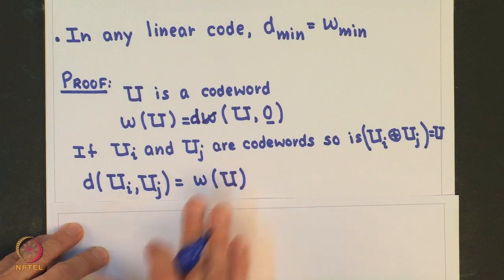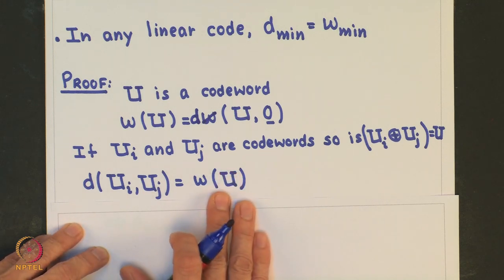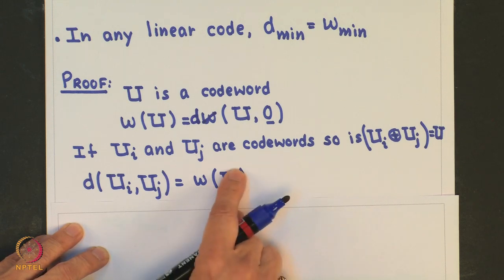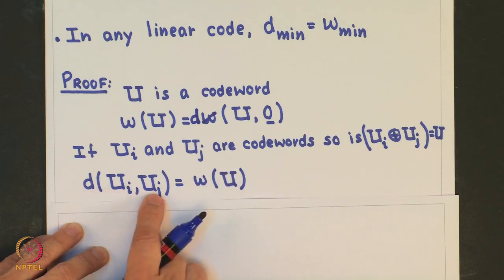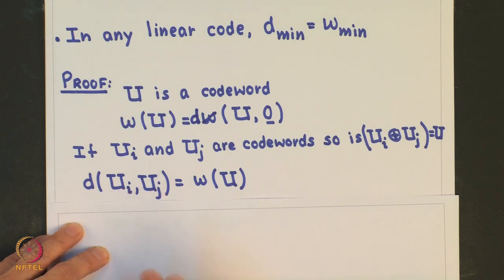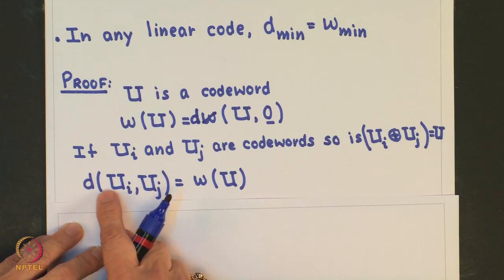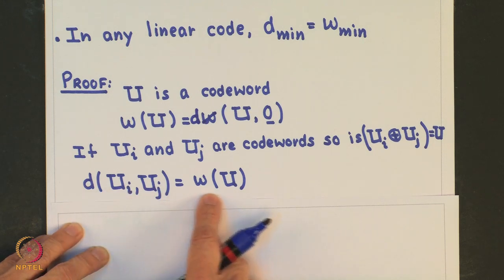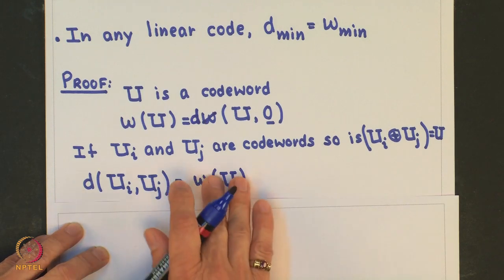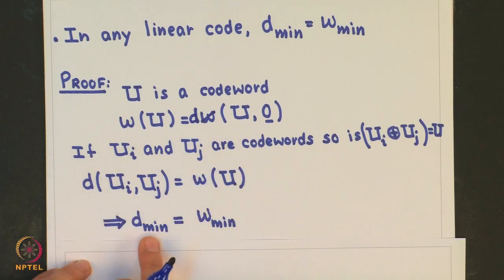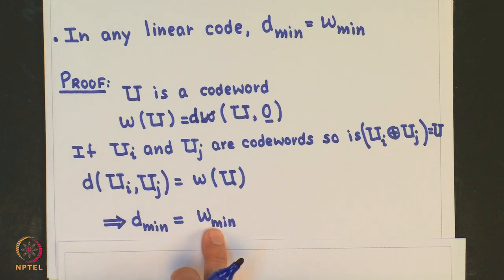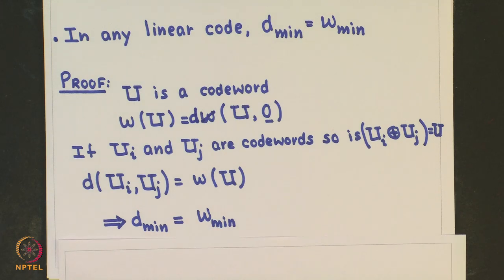So, it means that in a linear code corresponding to any weight of a code word, there exists a Hamming distance between two code words, and corresponding to any Hamming distance there exists a weight of a code word. So, in particular it follows that d minimum is equal to w minimum. So, we have proved that in any linear code d minimum is equal to the minimum weight of a code, which is w minimum. Now, let us take an example.